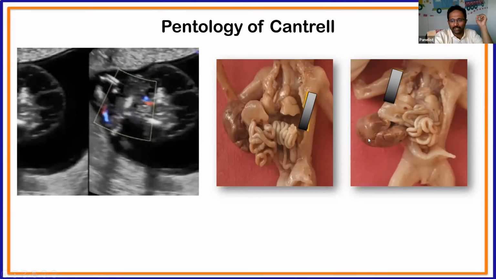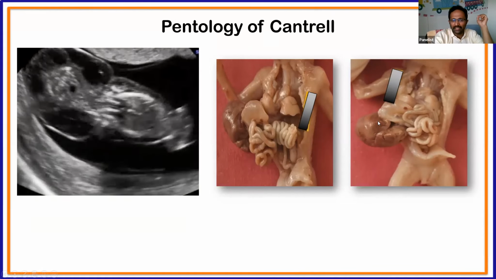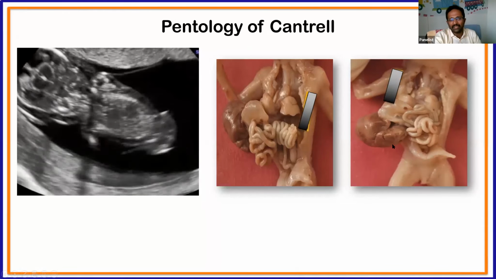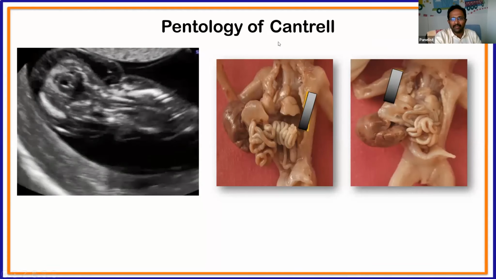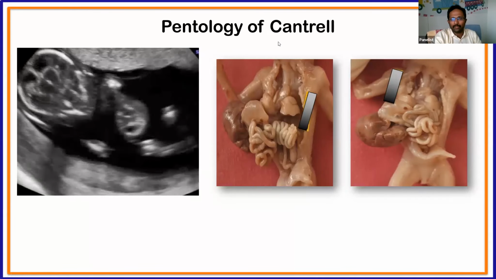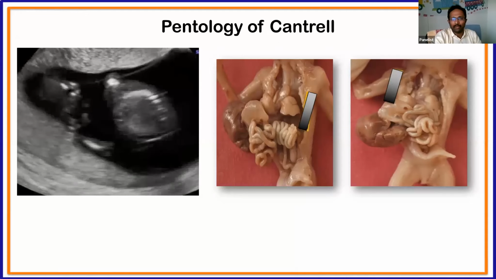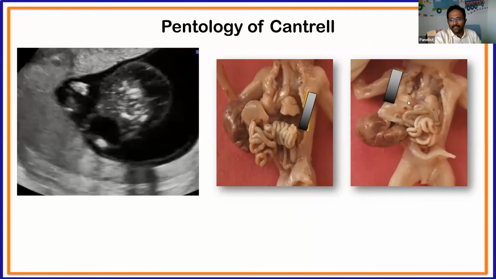And the zoomed up picture shows you the liver is outside, the stomach is outside, and the heart of the baby is also outside. This is the other end of the spectrum of body wall defects called pentalogy of Cantrell.